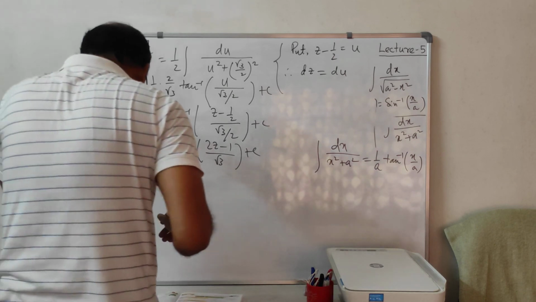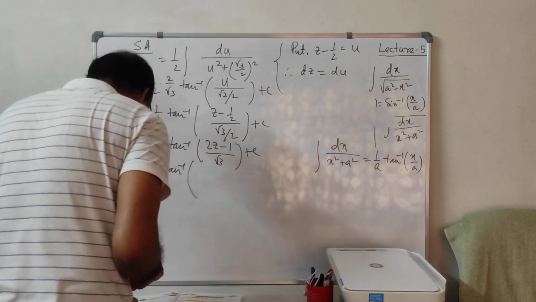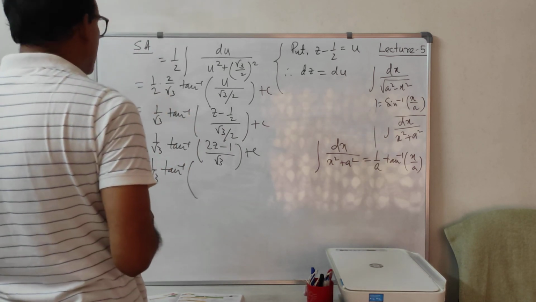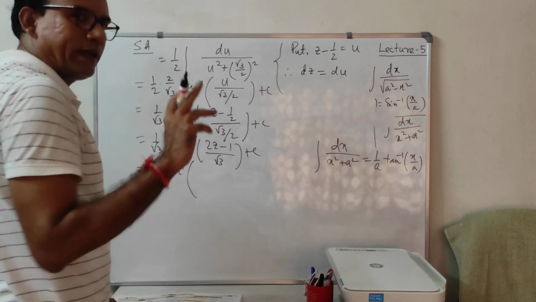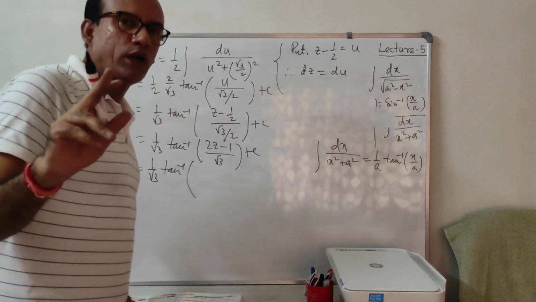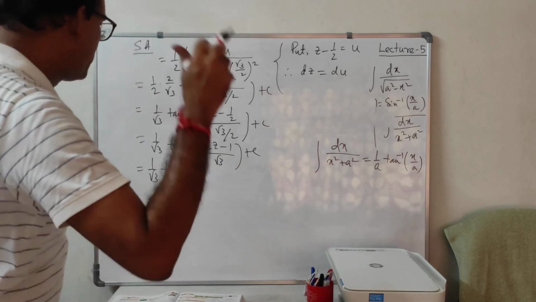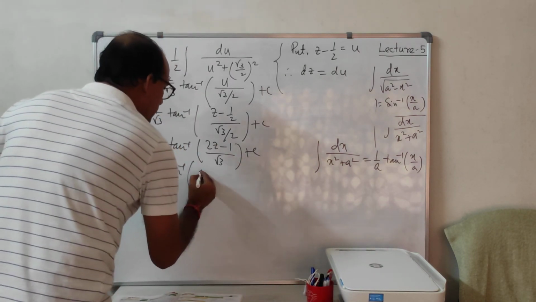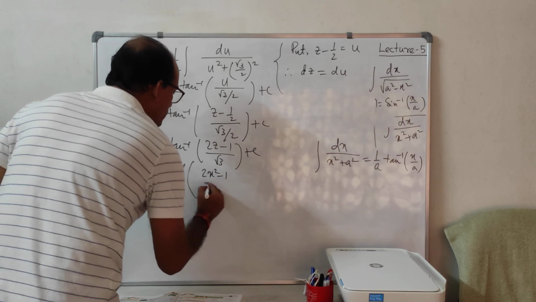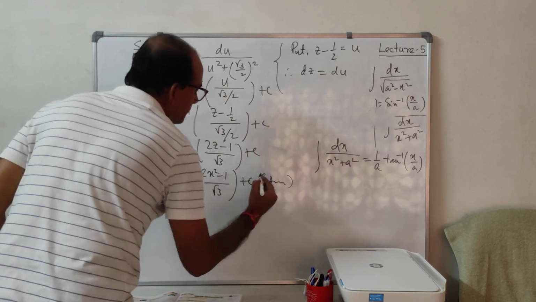And what was z? z was x^2. I took x^2 as z. Remember, so just put x^2 in place of z here. 2x^2 minus 1 by root 3. This is the end of this integral.